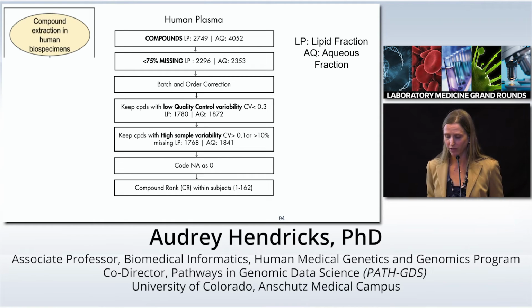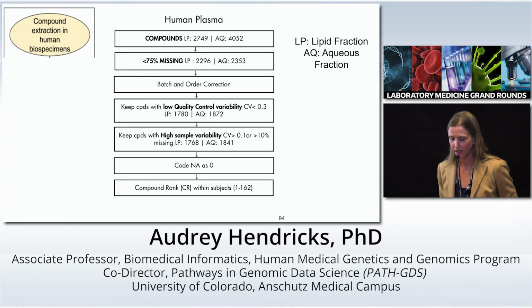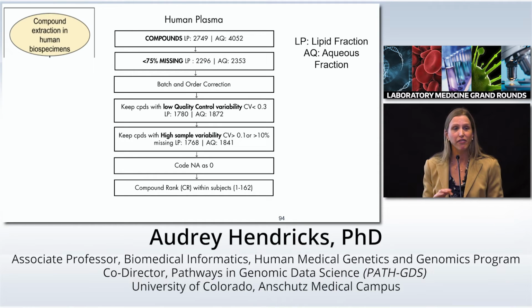We remove compounds with high missingness, and we complete a batch and order correction. Then we want to keep compounds that have a low variability across our quality control samples. These are quality control samples that should stay consistent. We also only keep compounds that have a high variability across our individuals. If these compounds are stable across all individuals and across all diet intervention pre and post, I don't really care about them.